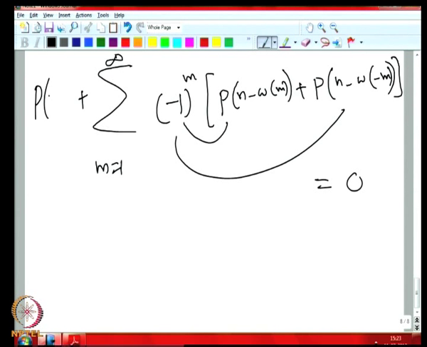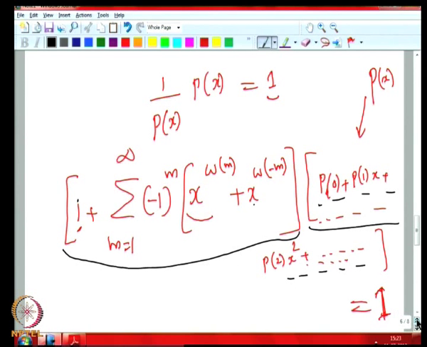So, that is p of n is contributed by that, and for each other term, a term like x raised to omega of m will contribute minus 1 raised to m into p of n minus omega of m. A term like x raised to omega of minus m will contribute minus 1 raised to m into p of n minus omega of minus m, right.